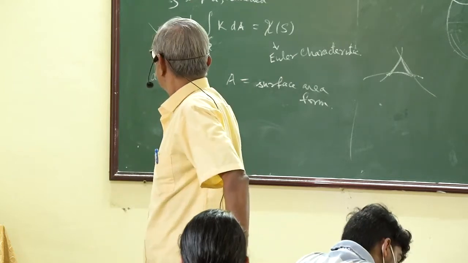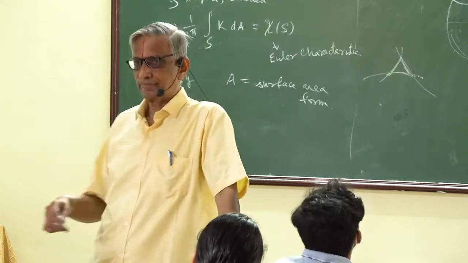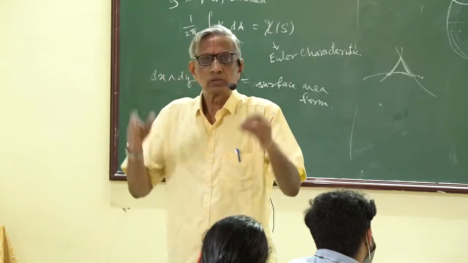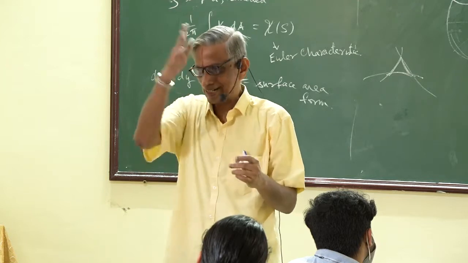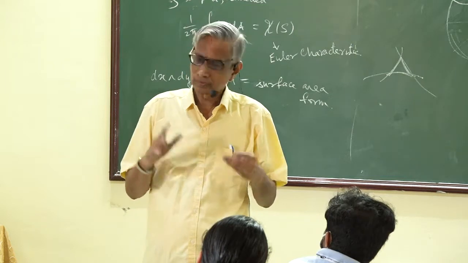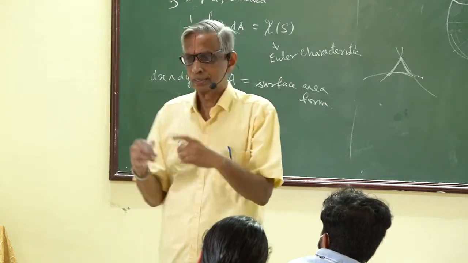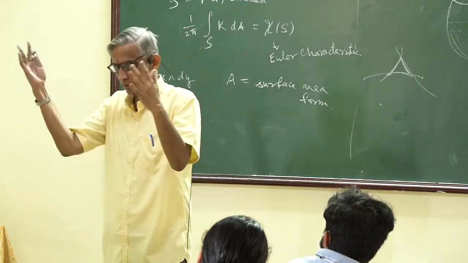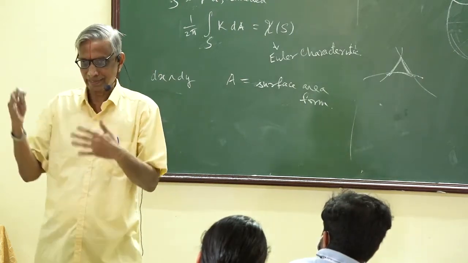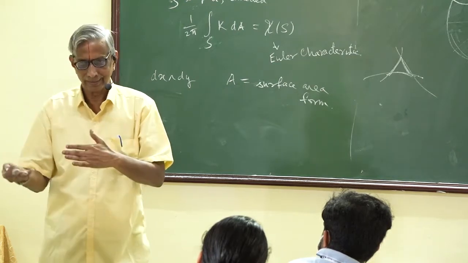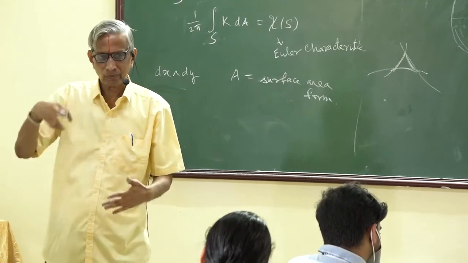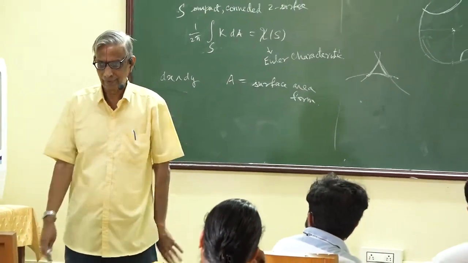So on the right hand side you have the Euler characteristic, which is by definition as follows. If you start with the surface and triangulate it, topologically, as I mentioned the other day, the sphere can be thought of as a tetrahedron formed by 4 triangles. Okay, it's homeomorphic to that. A circle is homeomorphic to a triangle inscribed.